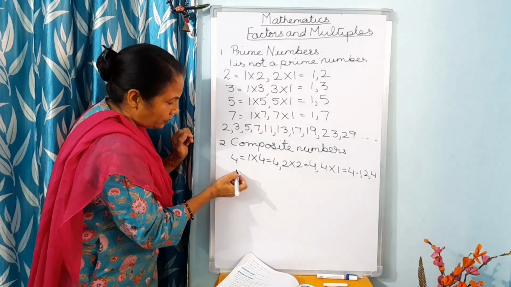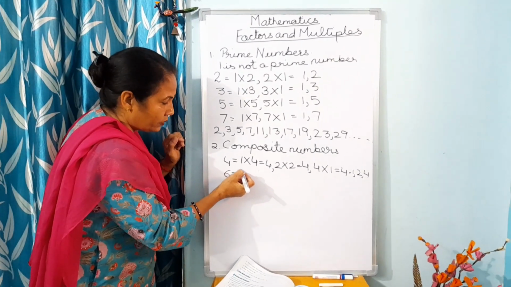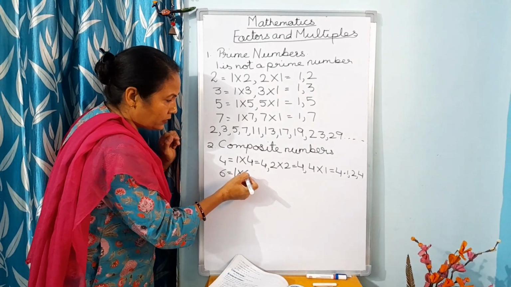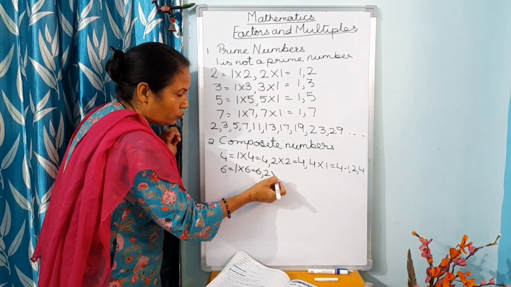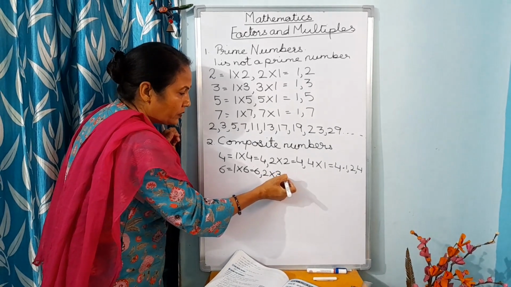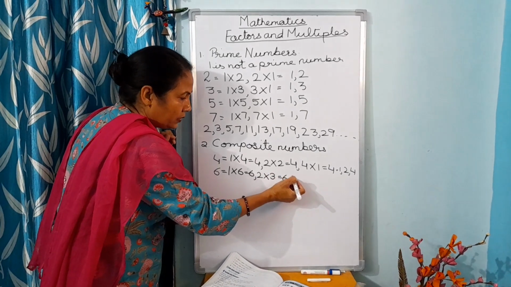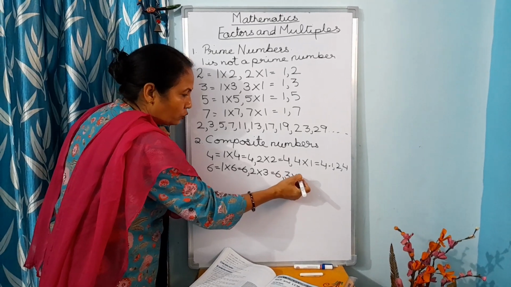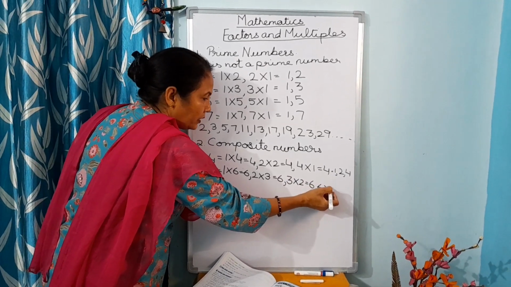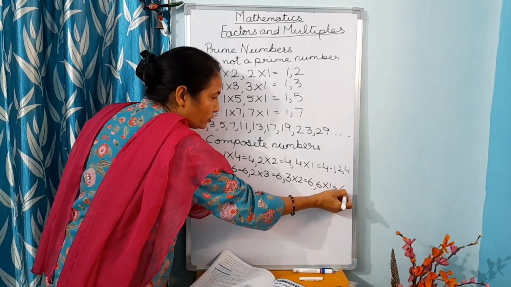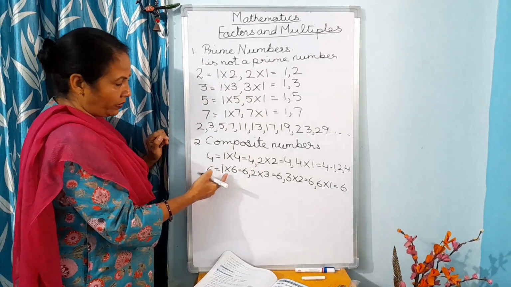Next you will see 6. 1 into 6 is equal to 6. Then 2 into 3 is equal to 6. Then 3 into 2 is equal to 6 and 6 into 1 is equal to 6. So you have how many factors?